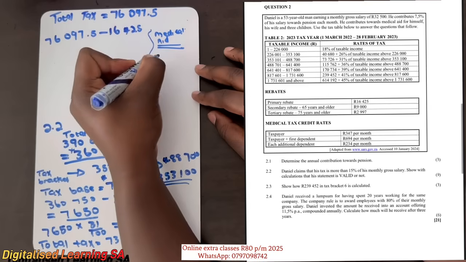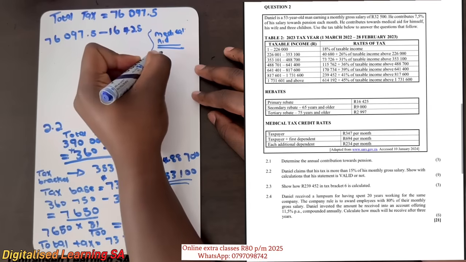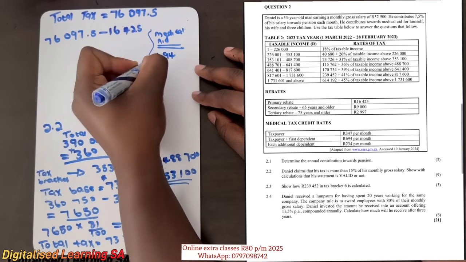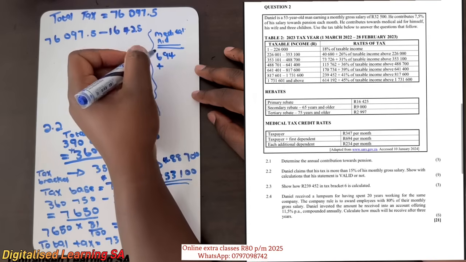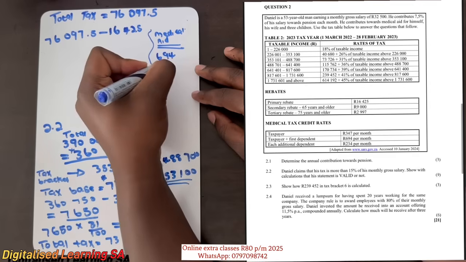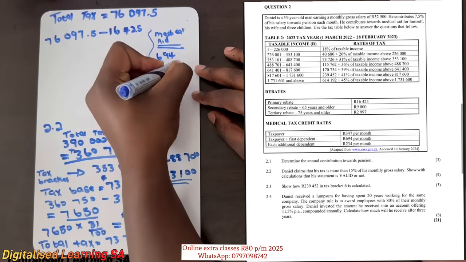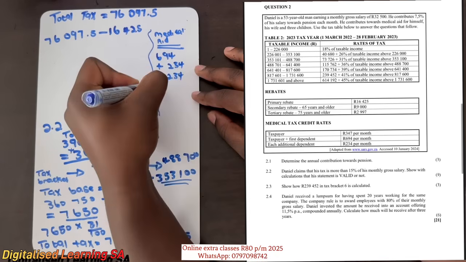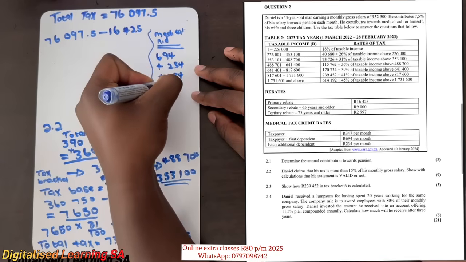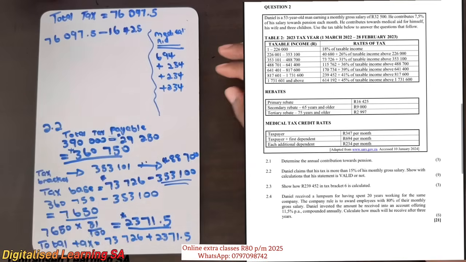In this case, we are going to take the taxpayer plus first dependent, and the dependent will be his wife. So we are going to say 694, and also add the 3 children, who will each be an additional dependent on the table. So we say plus 234 plus 234 plus 234.